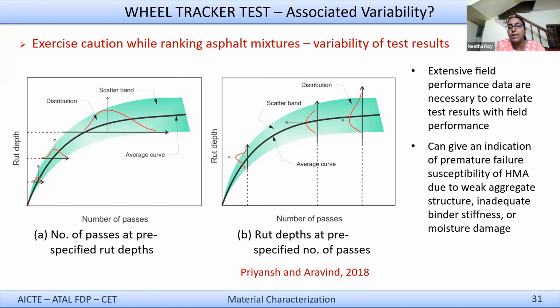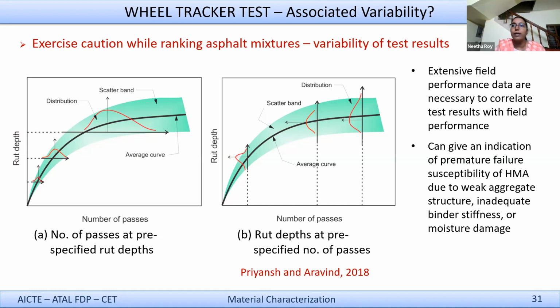So you need to be very cautious when you use this information for any further processing. But it can give you an indication of whether there is some premature failure susceptibility of these mixtures. Especially in the case of RAP, if there is some sort of irregularity in the performance, something can be noted. In that way, this could be helpful.